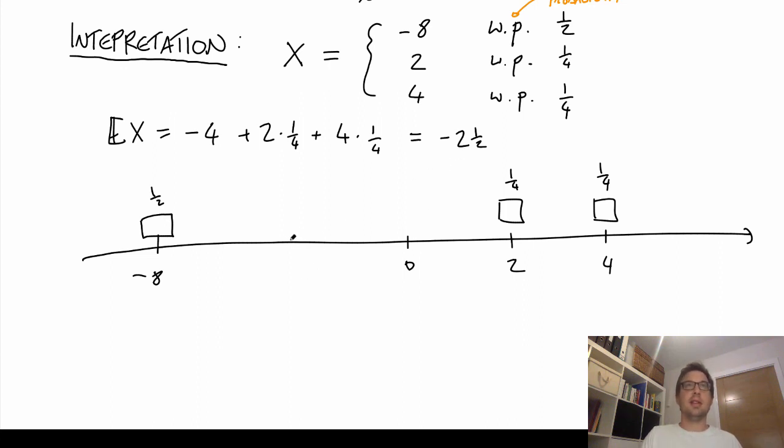It turns out that putting a force here is the right place to completely balance out the weights. So that's the notion of how this is the mean, or the middle, of this distribution.